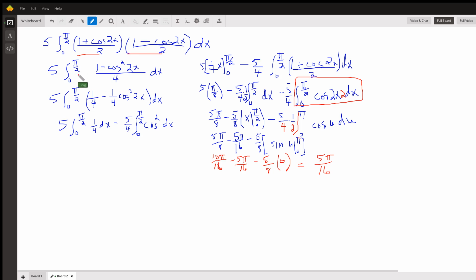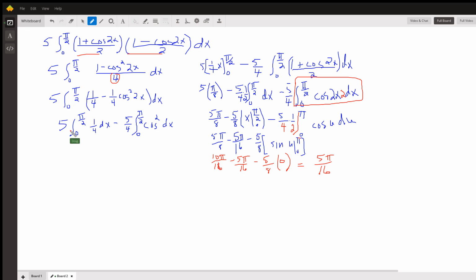And then I can break this apart into separate integrals. If you picture 1 divided by 4, that's where this comes from, minus cosine squared of 2x divided by 4, or minus 1/4. So I've still got the same expression. I just divided this 4 into both terms of the numerator. And then I'm going to take the definite integral of each of these terms.